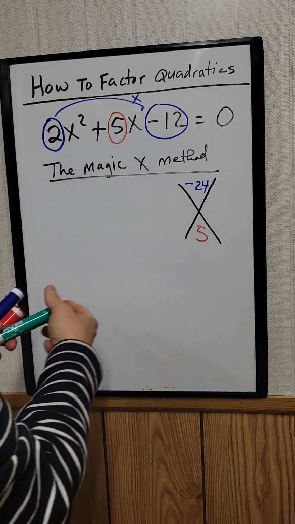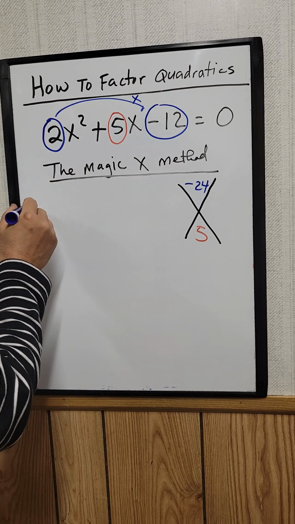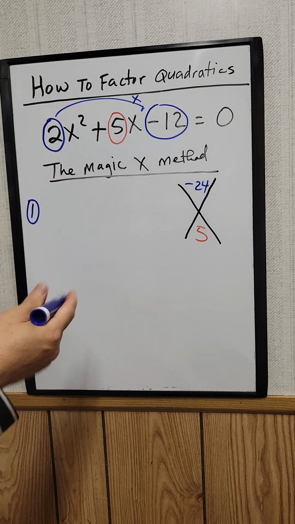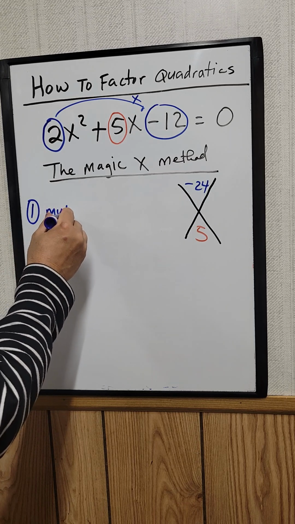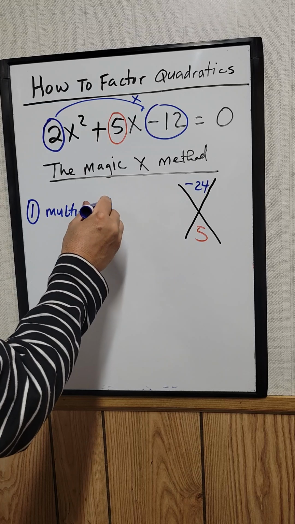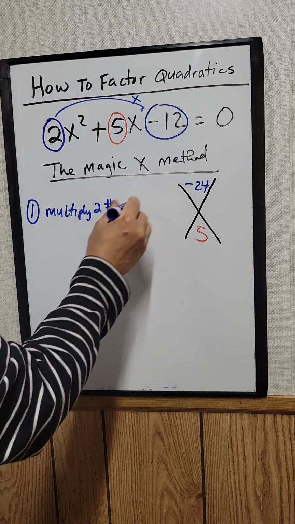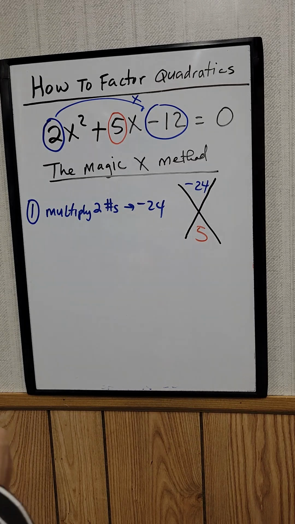Alright. And now we do the same thing like example number 1 and number 2. Okay, we need two numbers that multiply to give us negative 24. So what two numbers would give us negative 24?